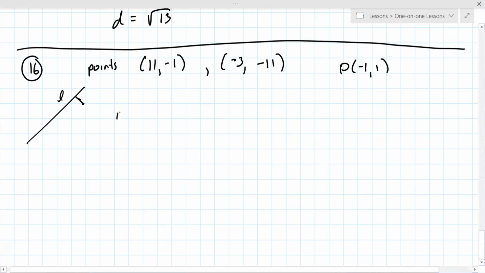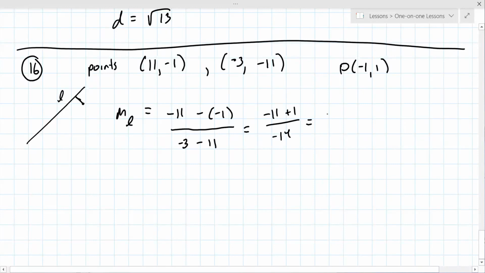So we're going to find the slope of L, which is negative 11 minus a minus 1 over negative 3 minus 11. All right, so that becomes negative 11 plus 1 over negative 14. So this becomes negative 10 over negative 14, which is 5/7.